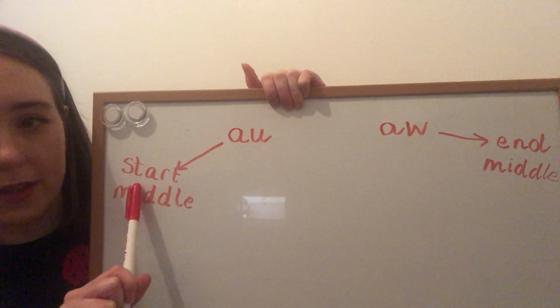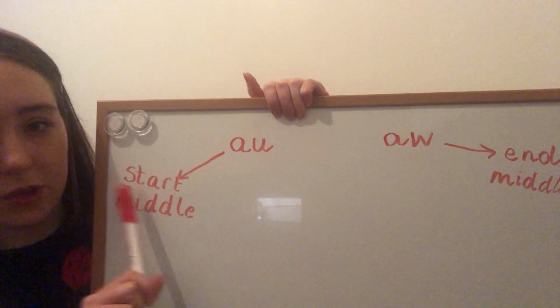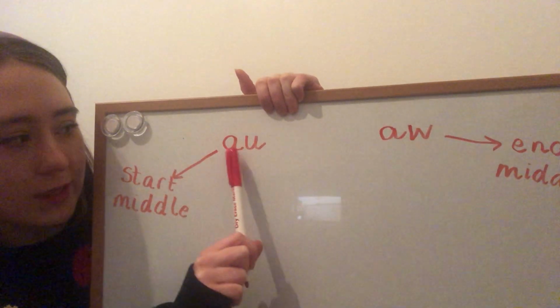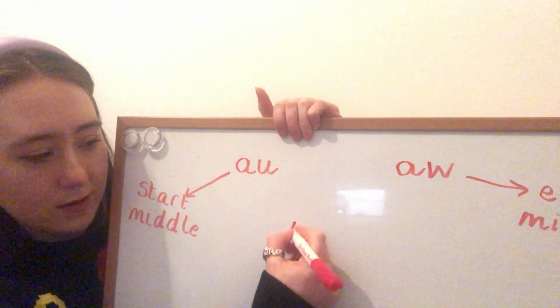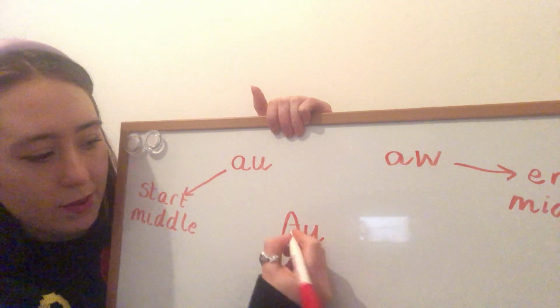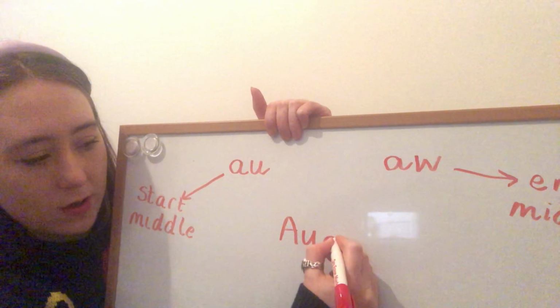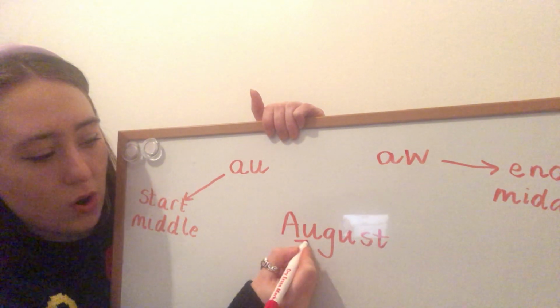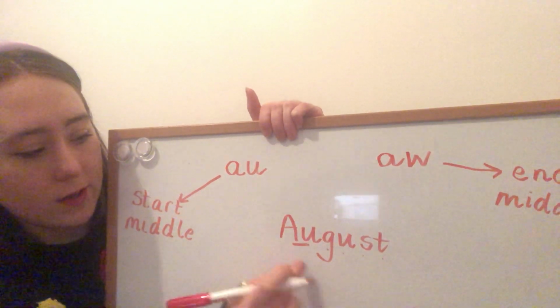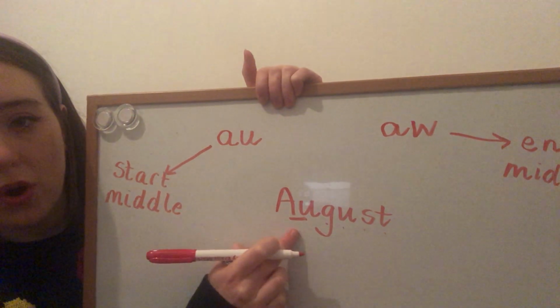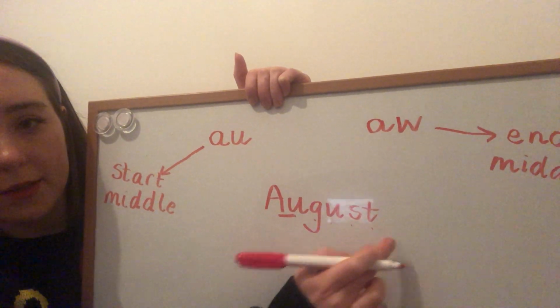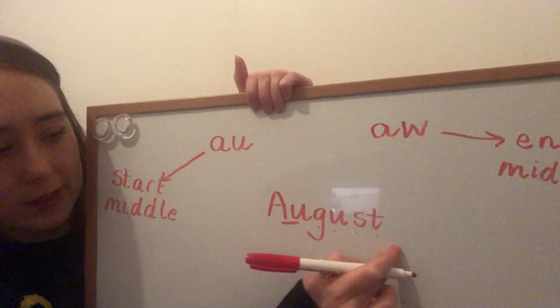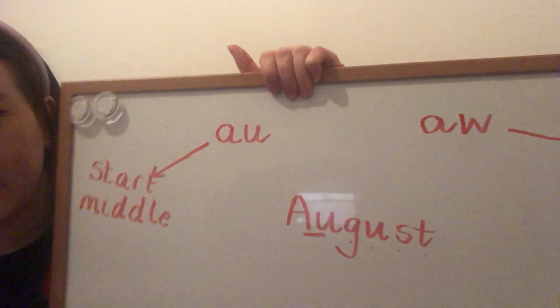Well done if you've said the start, and this one is not one of our rule breakers, so it is the au because it's a month, it's a capital A. August. Can you say that all together? August. August. Excellent.